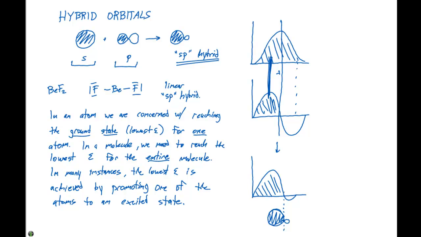And we can say that in general, the strength of a bond is going to be proportional to the amount of overlap.